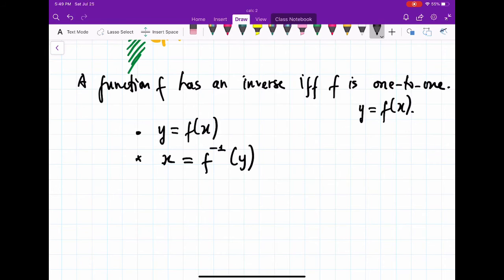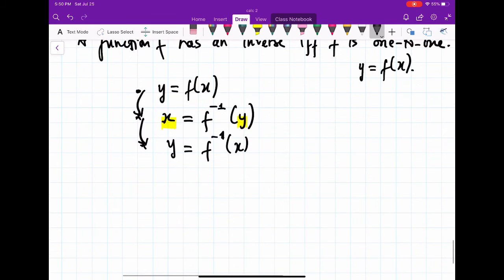Then the last step is to interchange x and y, so you have y equals the inverse of x. So that is how we can find the inverse.